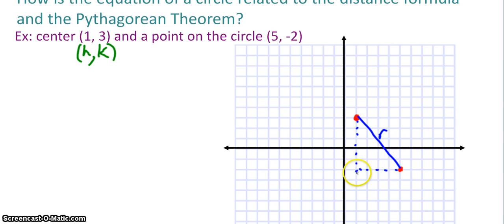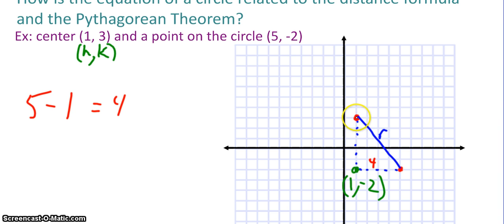Well, how do I find the length of each side of the triangle? I know that this point here is the point (1, -2). So therefore the distance from this point, which is (5, -2), to this point, which is (1, -2), is going to be 5 minus 1, which is 4.